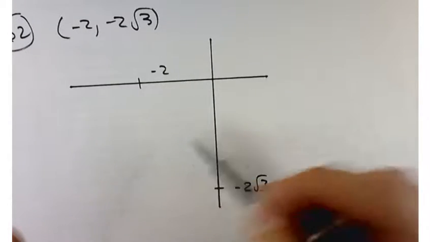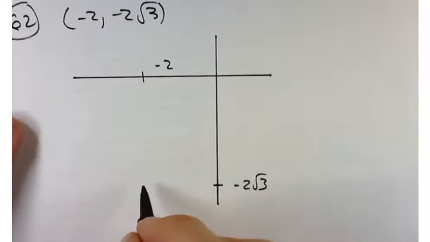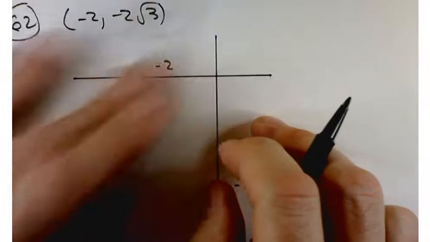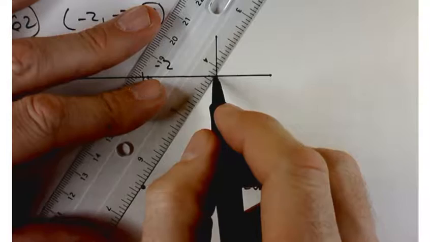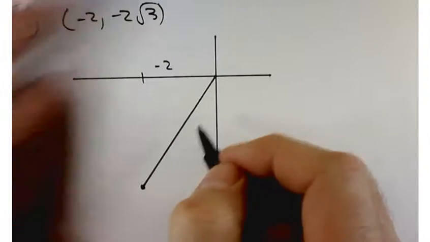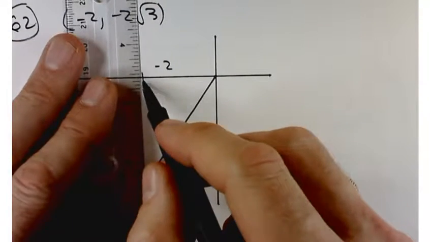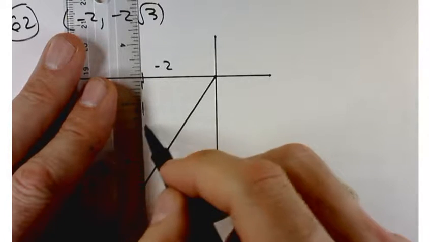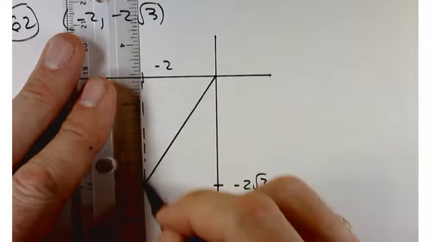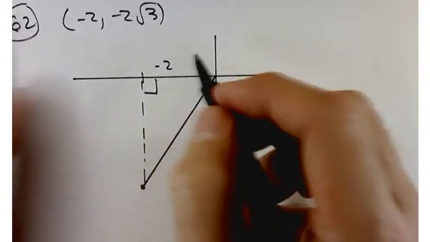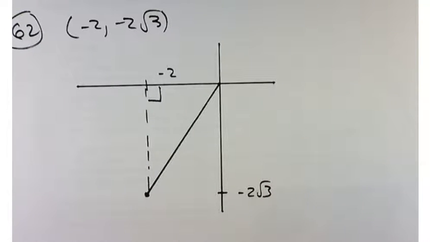Now, regardless of the fact that both of these are negative, the radius is going to be positive. We're going to give ourselves a positive radius here, and we'll start by figuring out what that positive radius is. All right, so let's figure out r first.